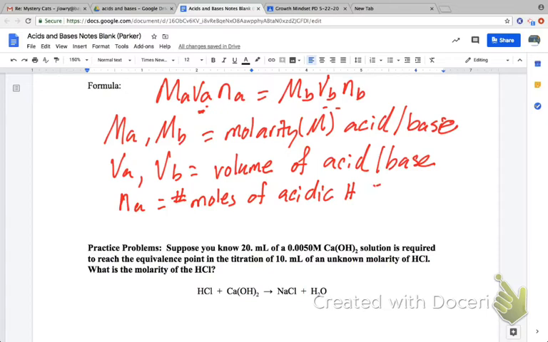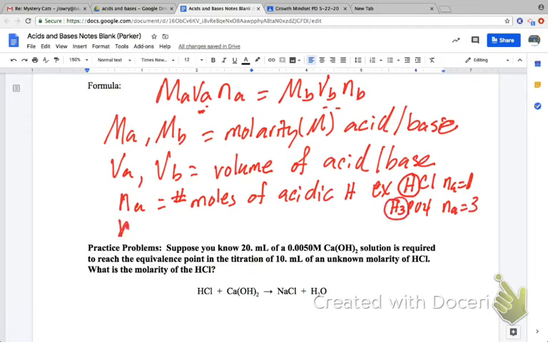So for example, if I had HCl, because I only have one H, my Na would be equal to 1. If I had phosphoric acid, H3PO4, then my Na would be equal to 3, because I have 3 hydrogen here.